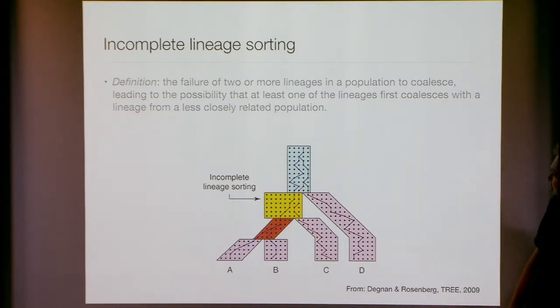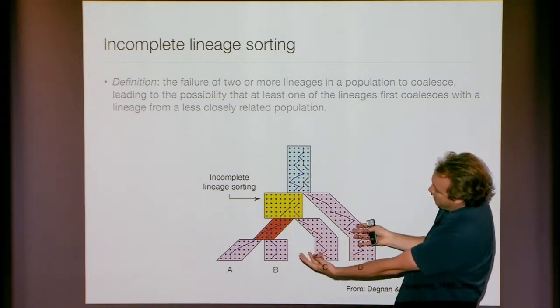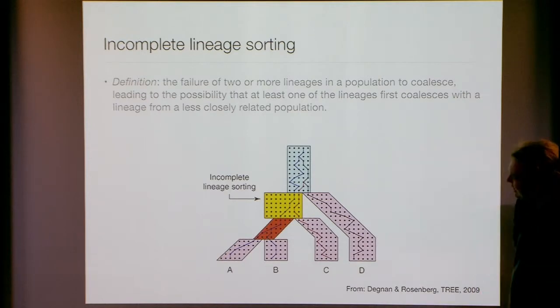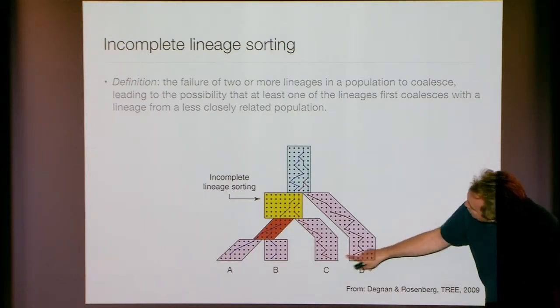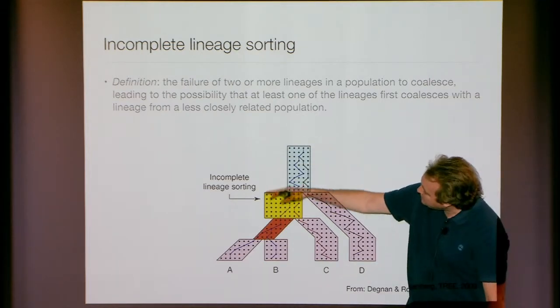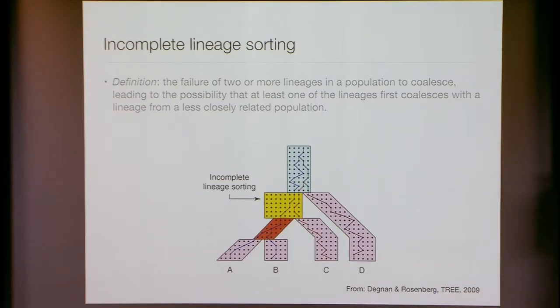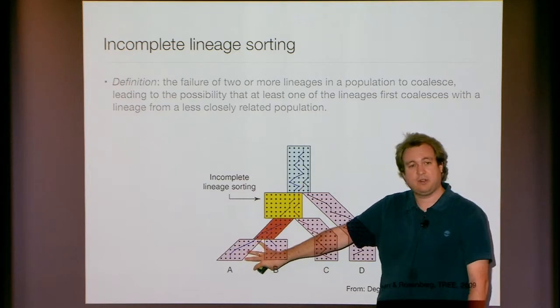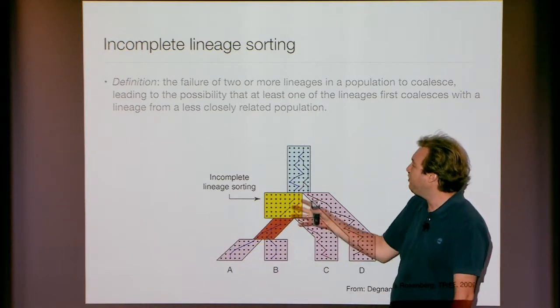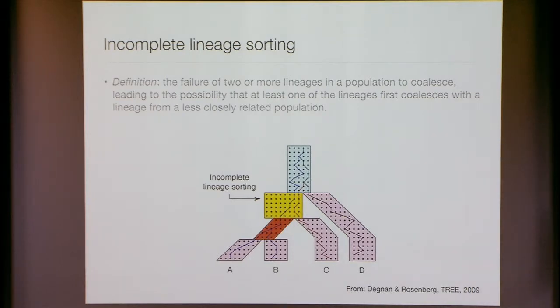And the reason this is interesting is because now if you look at not only the coalescence times, but the actual gene tree topology, you'll see that C is now more closely related to D than it is to the ancestor of A and B, even though in the species history, this sequence of divergence of populations, C was actually supposed to be more closely related to A and B. And so in particular, if you're using this gene tree to try to reconstruct the species history, you're going to get a mistake there. So this is incomplete lineage sorting.